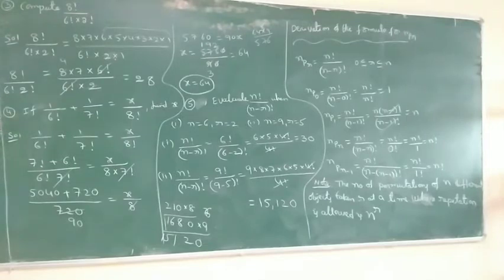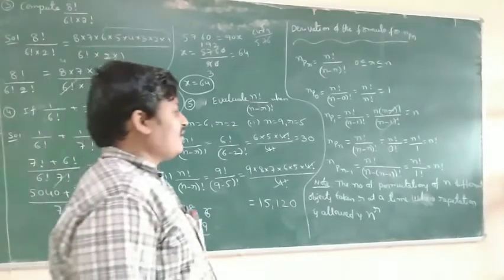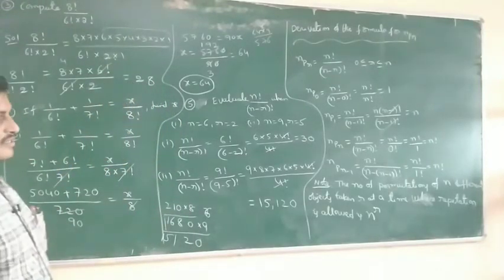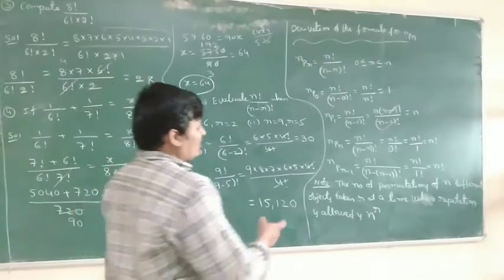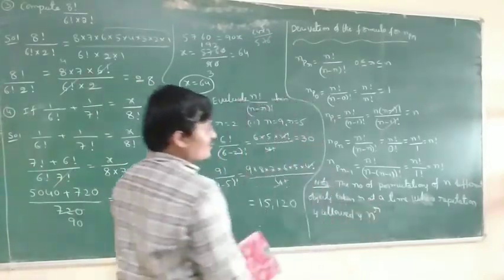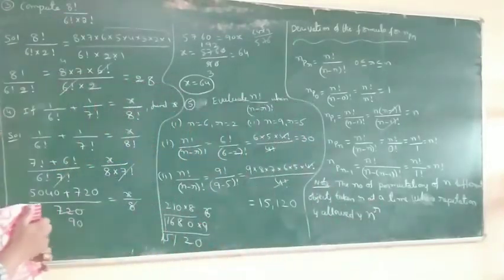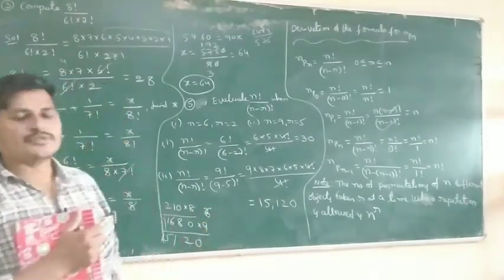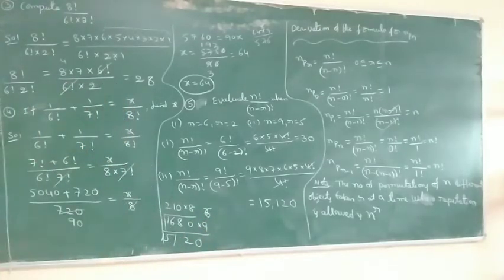After that, like terms: the number of permutations of n objects where some are alike. For example, in 1 2 3 4 5, if 2 appears 2 times and 3 appears 3 times, these are like terms. Okay, clear?